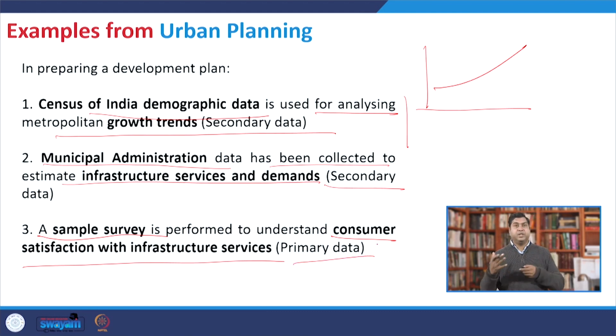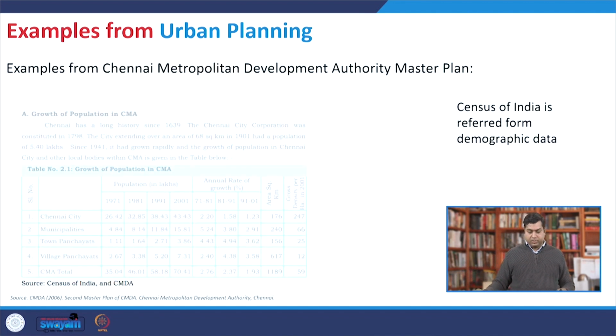This way you find that in some infrastructure people are not satisfied, or there are certain gaps which need to be improved, and you can make a proposal in the development plan. So in this case we use both secondary information and primary data collection into consideration.